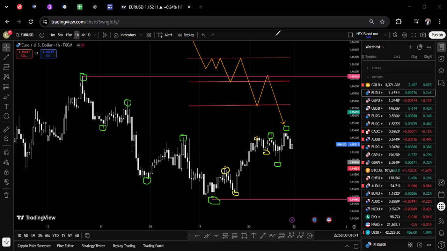Exactly. So the thing that happened here is from this point to this point is a clear downtrend, right? And for a low to be valid, a new low needs to be created. Since this low here didn't break this particular point, we are seeing a possible change in trend, right?